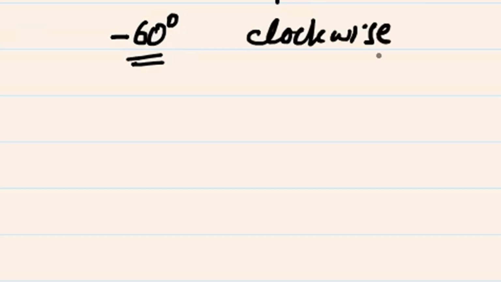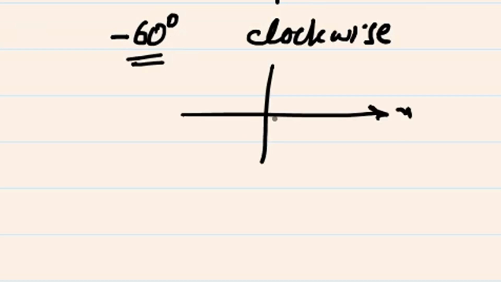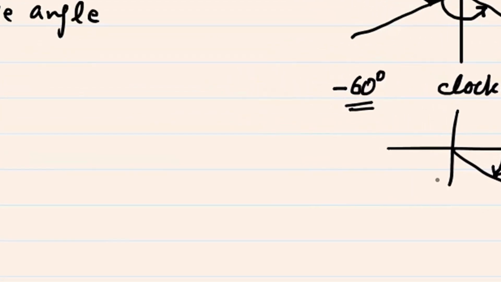You move clockwise along the x-axis just like this. This is x-axis. If you are in this quadrant and you show your direction with an arrow, it's a clockwise direction. So clockwise direction means the angle would be written with negative sign. Whenever the angle is with positive sign, the direction of angle would be anti-clockwise. If your angle is with minus sign, then the direction of angle would be clockwise.